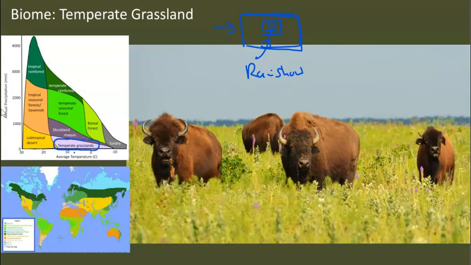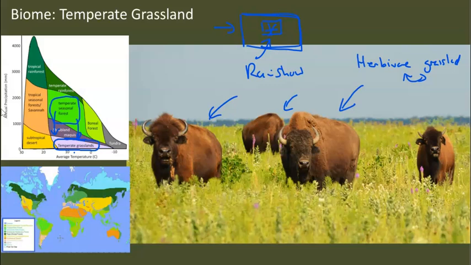grasslands are here, and notably they have a much lower rainfall than the temperate seasonal forests, although their temperatures are the same. These grasslands support large herds, large populations of grass-eating herbivores, and this leads to a complex relationship between the herbivore and the grasses, and the way in which those grasslands depend upon each other for their maintenance.